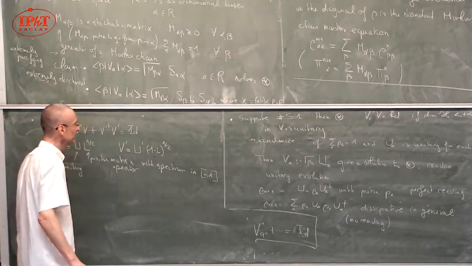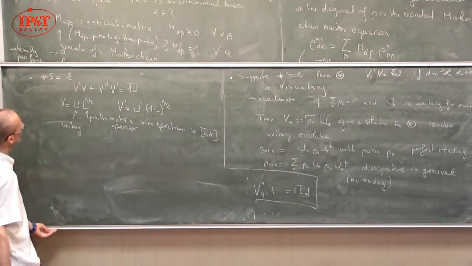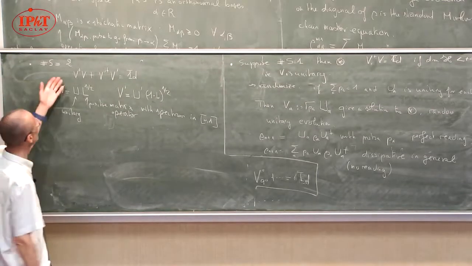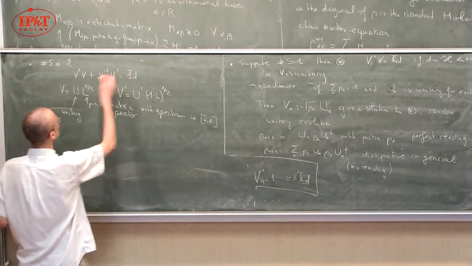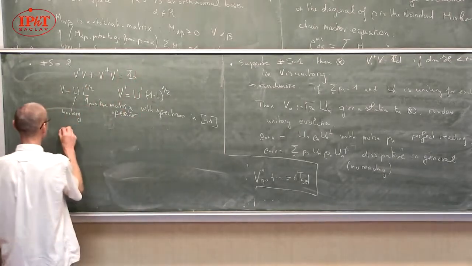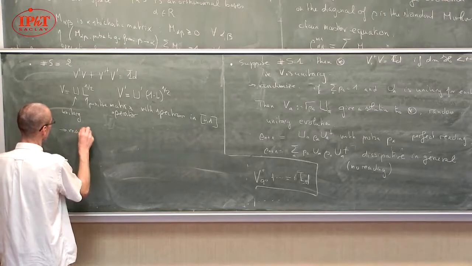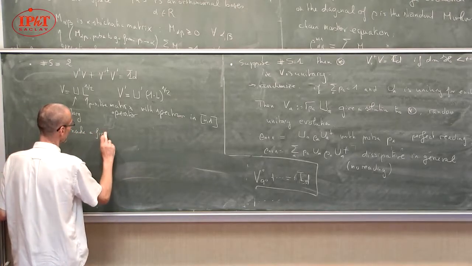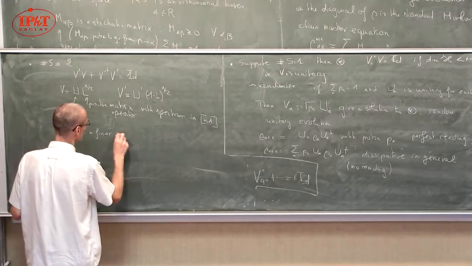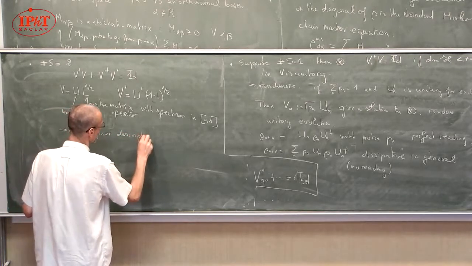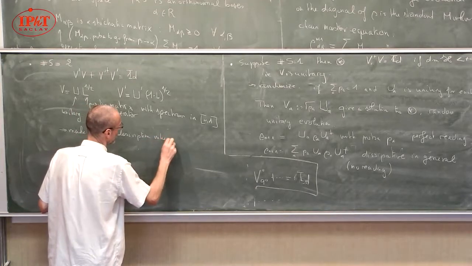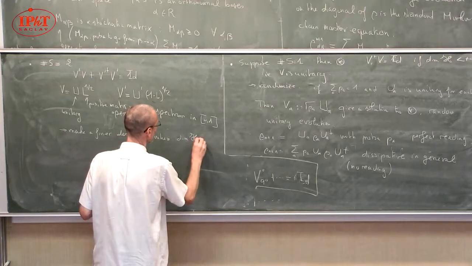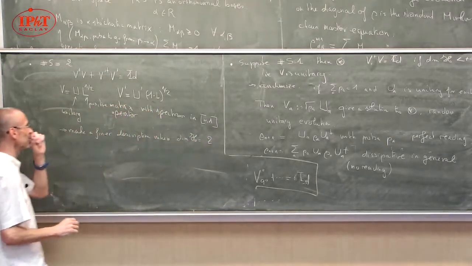So this is something you can use, and then you can even specialize more by making a finer description when the dimension of h is equal to 2, which is essentially enough for most of our needs.